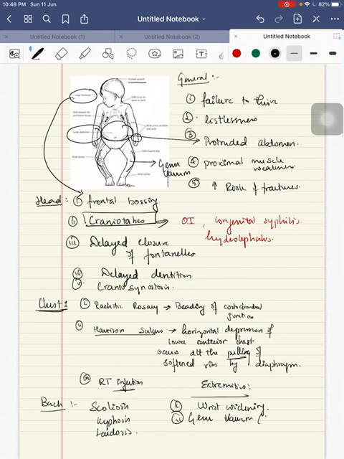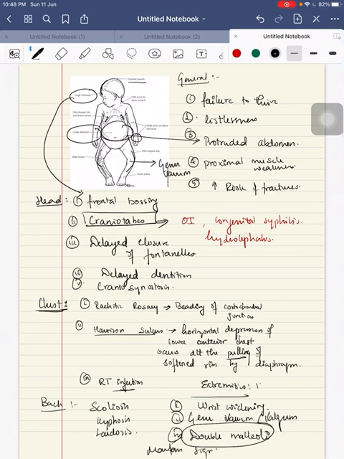Or the child can have genu valgum, that is knock knees. Or the child can have double malleoli. The double malleoli, by another name, is Marfan's sign, not Marfan syndrome. It is called as Marfan's sign.